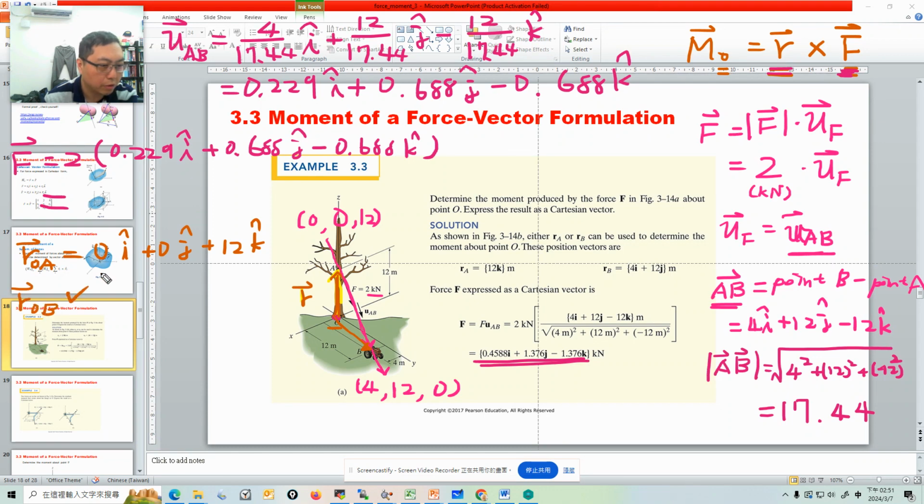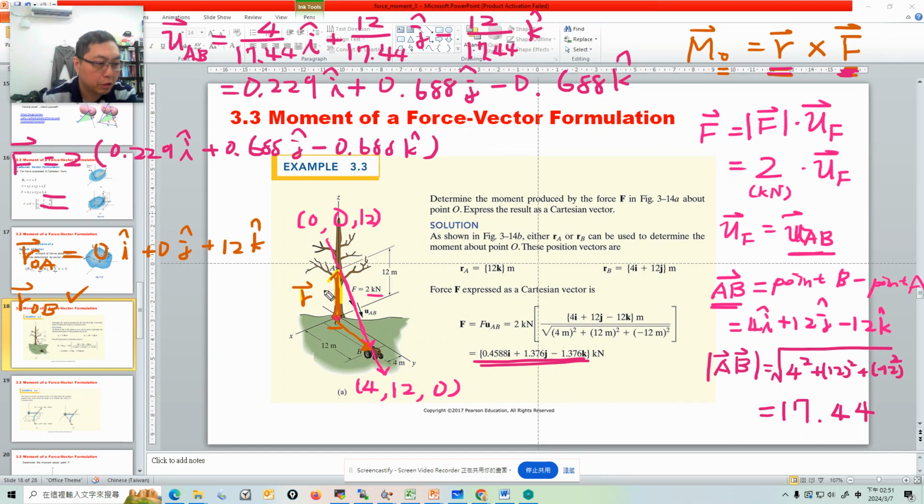If you do the OA vector cross F and the OB vector cross F, the answer will be the same. You can try it yourself: use the OB vector, do a cross product with F, and see if the answer is the same.